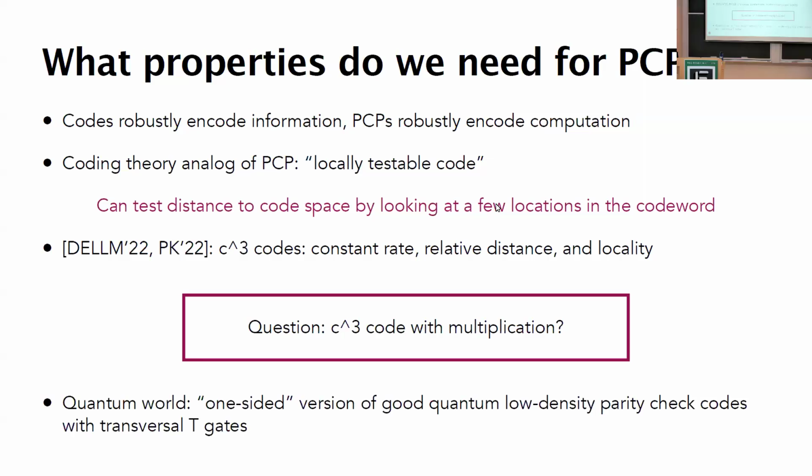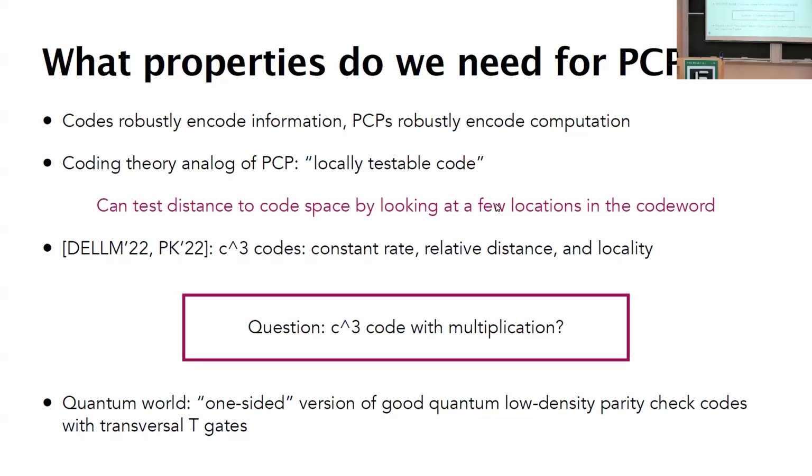Besides PCPs, this is also an interesting problem in the quantum world. There's a big open question right now about whether you can construct good quantum low density parity check codes with a transversal T gate, which is a gate that lets you go from Clifford operations, which you should think of like addition, to universal computation.